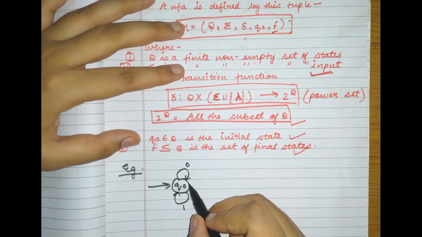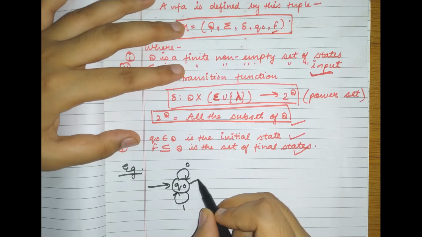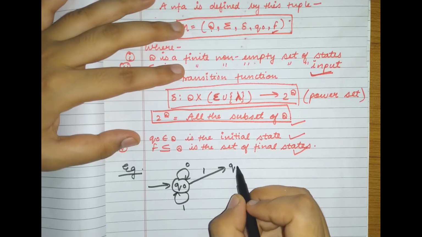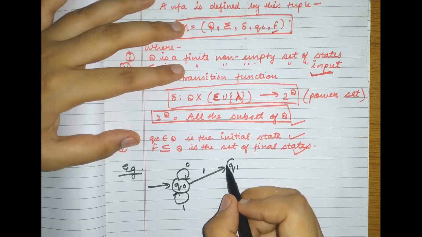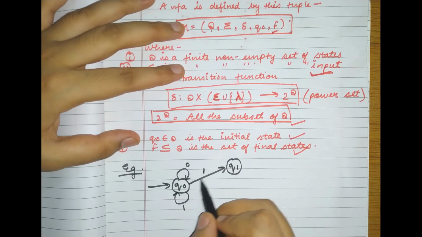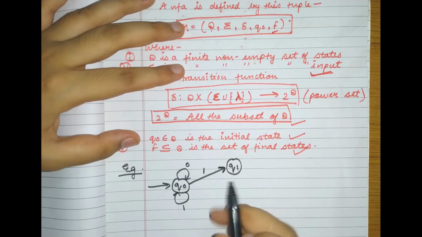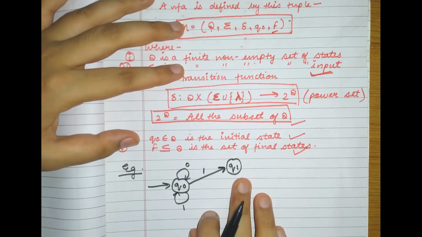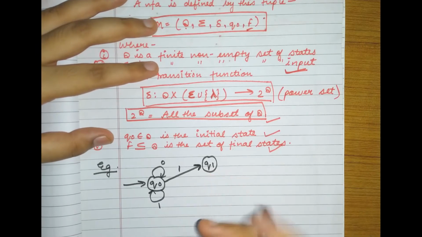And there is one more move on 1: if we receive 1, we enter our next state, that is q1. This is different from a DFA, because for the same move we are entering two different states, q0 and q1.